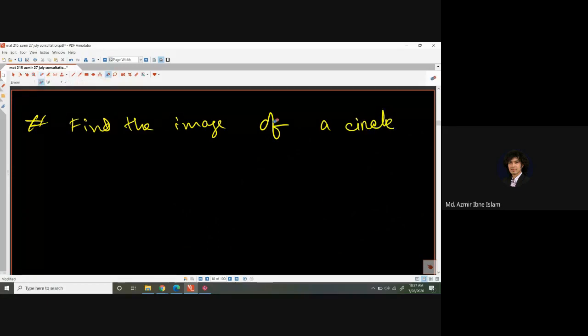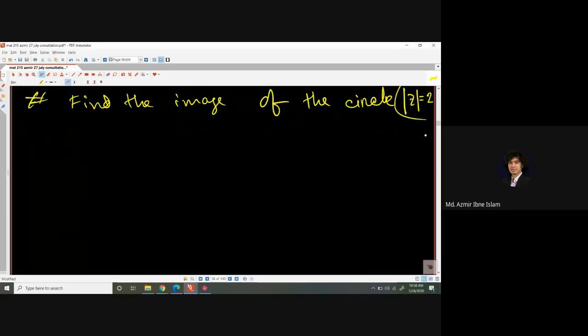Let's find the image of the circle, the circle modulus of z equal to 2. You can see that modulus of z equal to 2, and I am denoting that this is a circle.